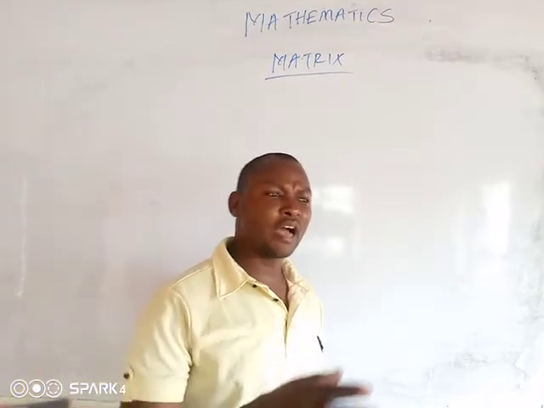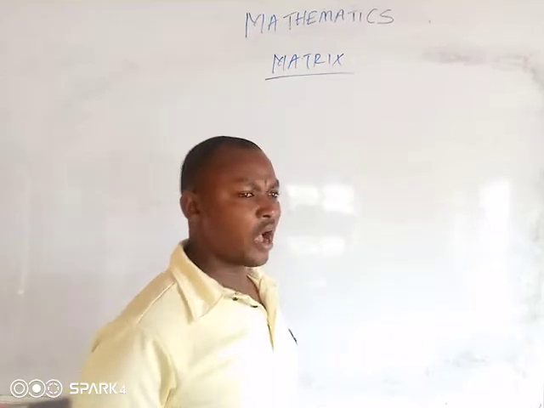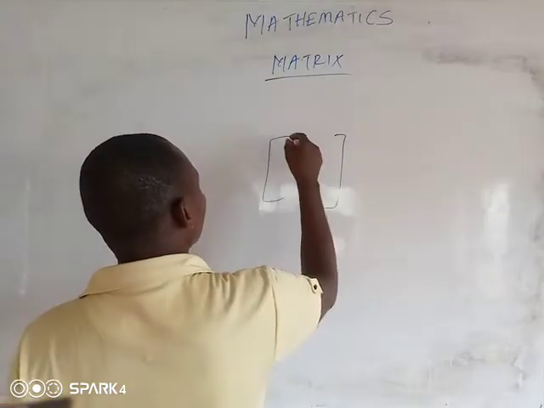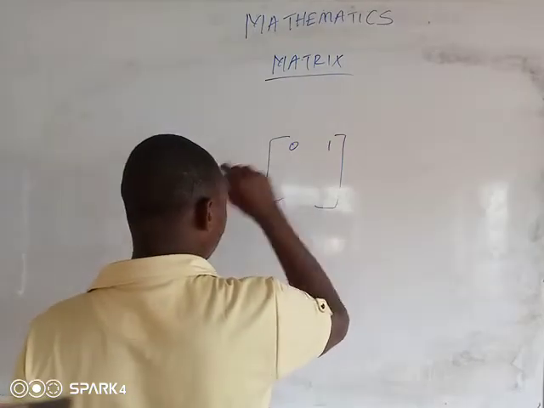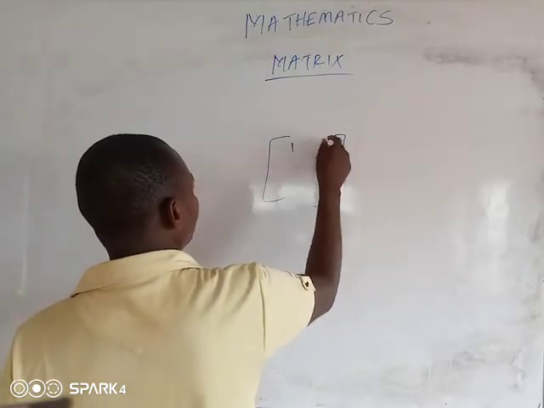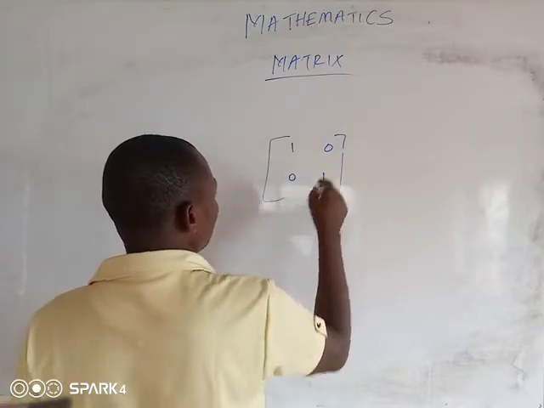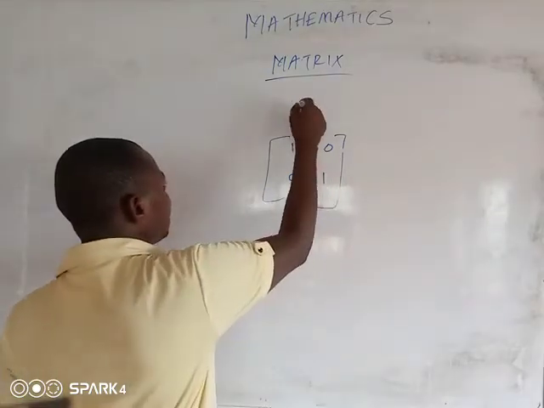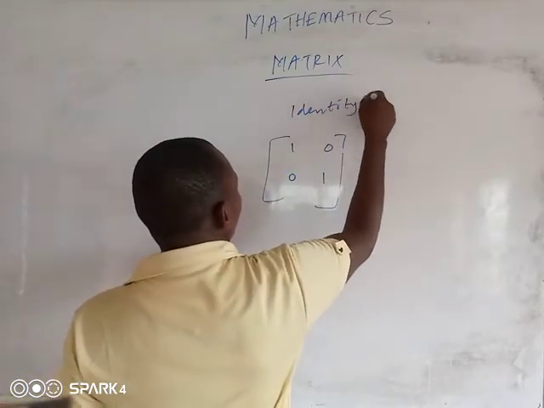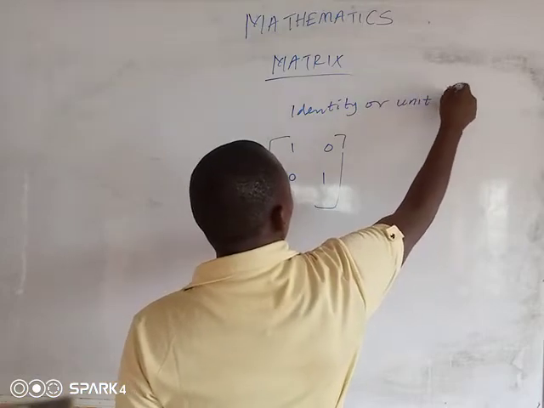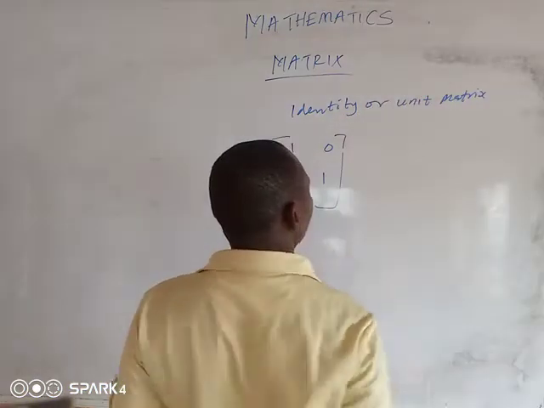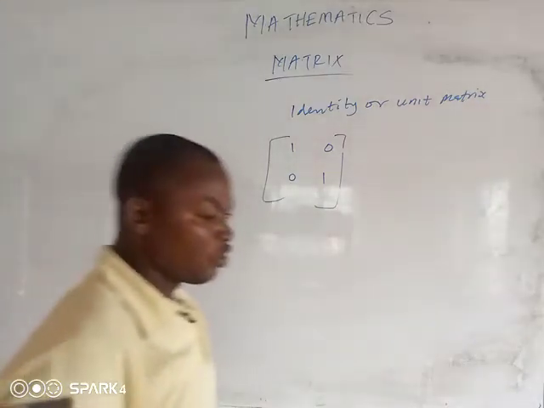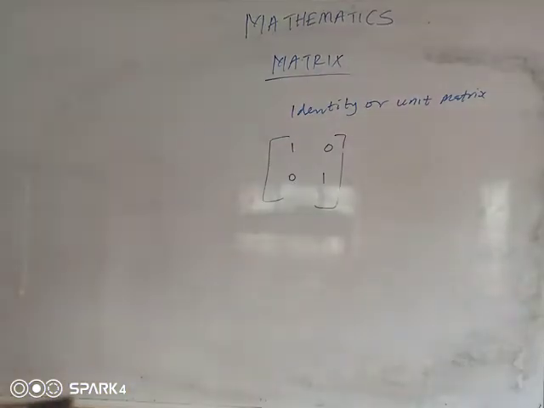So we can have this: 1, 0, 0, 1. This is what we call the leading diagonal. So this is an identity or unit matrix.